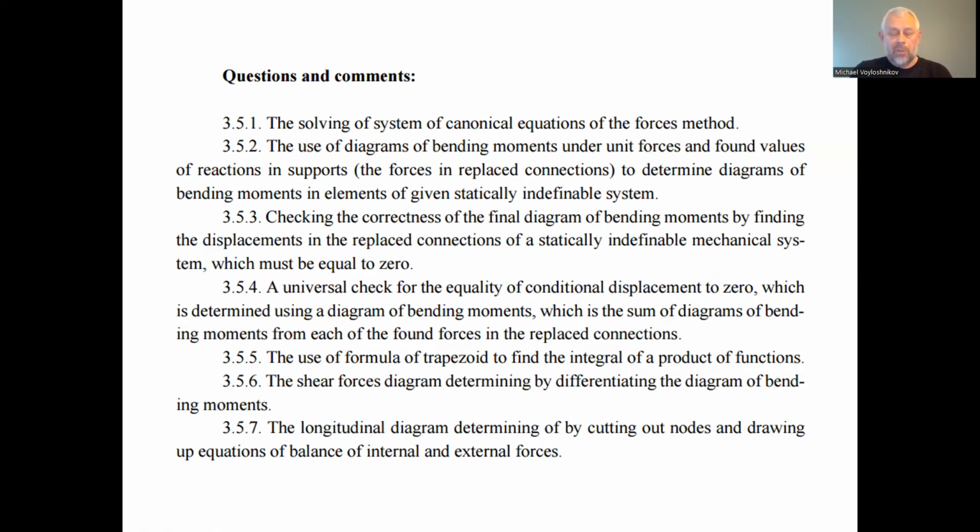They are subject to find the forces in the cut-off unnecessary links, because we have the excessive forces instead of the links when creating the main system of the assigned statically indefinable system, and the main system is statically definable.